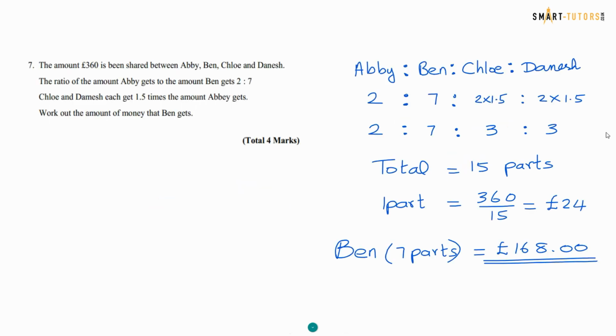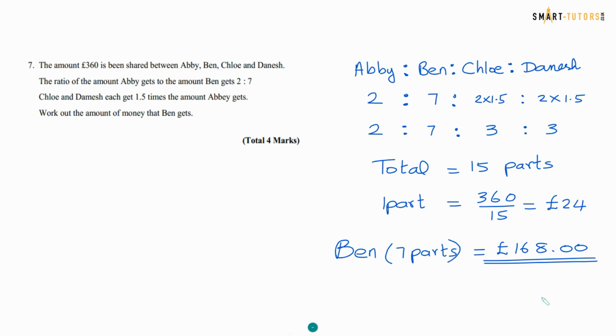Question number 7. The amount 360 is being shared between Abby, Ben, Chloe, Danish. The ratio of the amount Abby gets to the amount Ben is 2:7. Chloe and Danish each get 1.5 times the amount Abby gets. Work out the amount of money Ben gets.